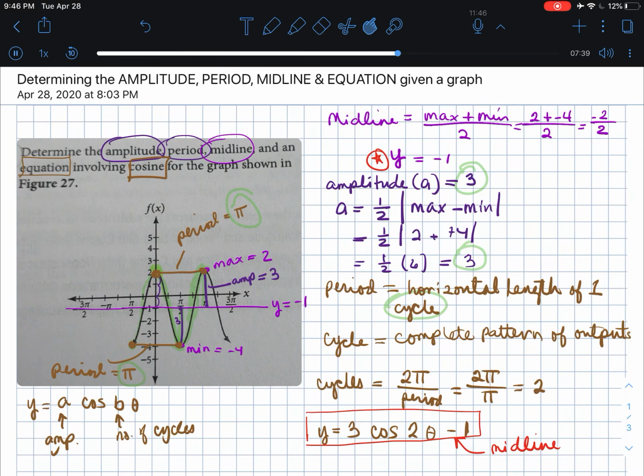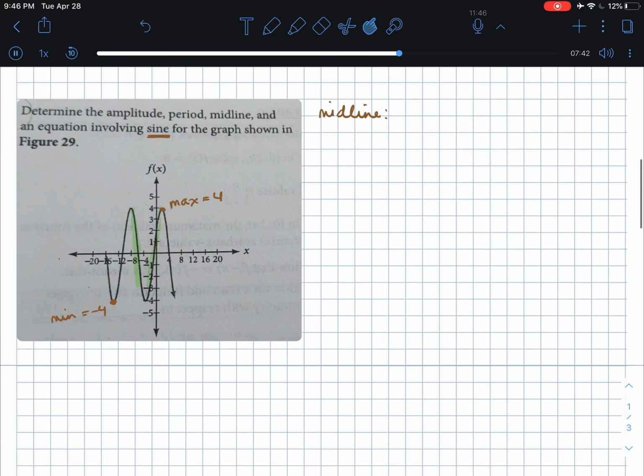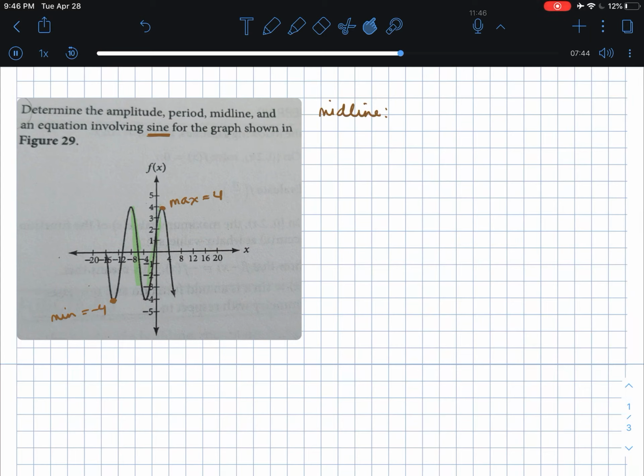Okay, going back. So the midline there is maximum plus minimum divided by 2, which is just 0. That means our midline is the x-axis.